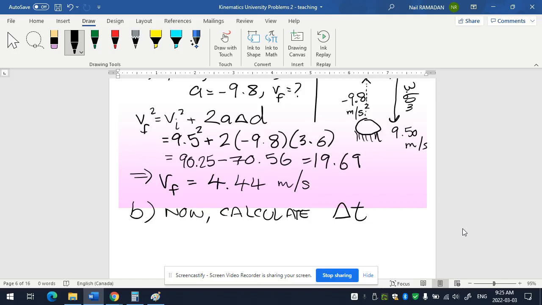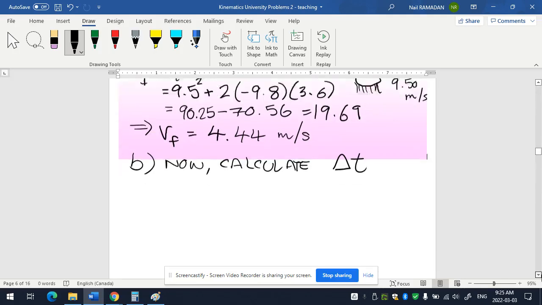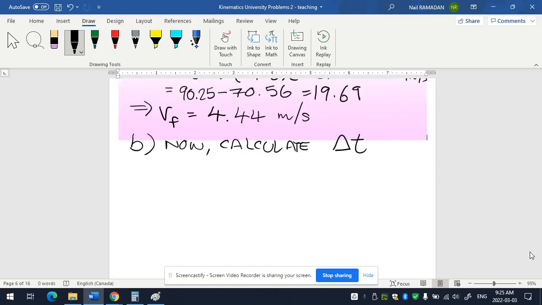All right, let's do the equation. Delta D equals VI delta T plus 1 half A delta T squared. Oh, crap. We're going to do another quadratic. You know what? Fine. At least let's do it this time. All right.